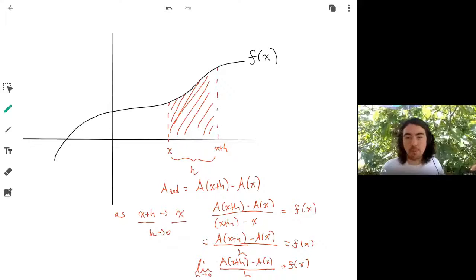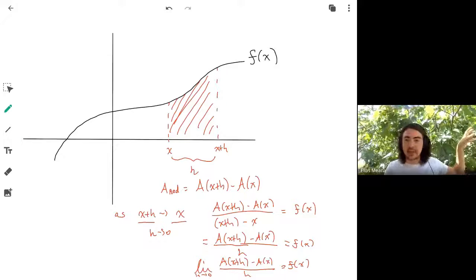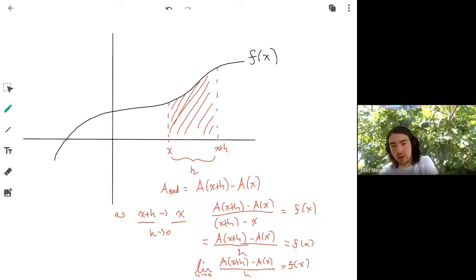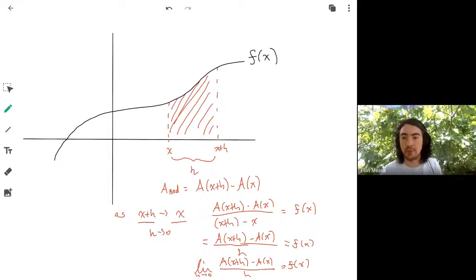But even more importantly, if we wanted to find the region underneath the curve of little f of x between any 2 points, all we have to do is evaluate this big A function at the endpoint and subtract off the area up until the left endpoint. It just basically tells us that to find an area under a curve, we find an antiderivative, plug in our rightmost endpoint, and subtract off plugging in our leftmost endpoint.